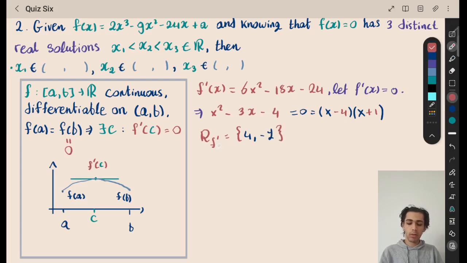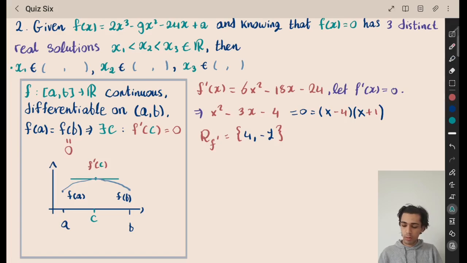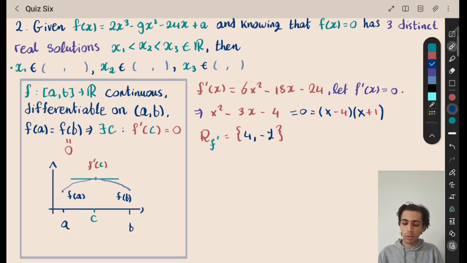Correct? This is the set of all roots for f prime. So that is already hinting to us towards something.